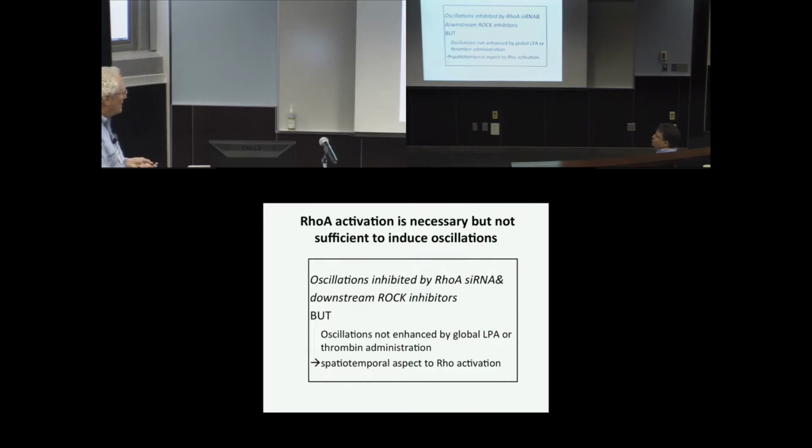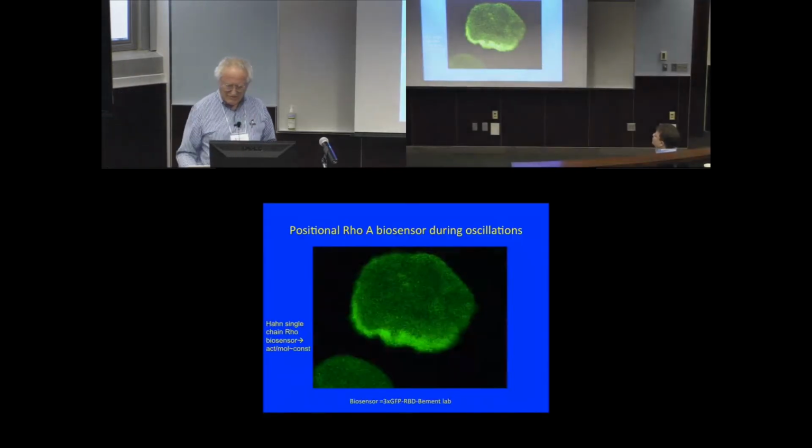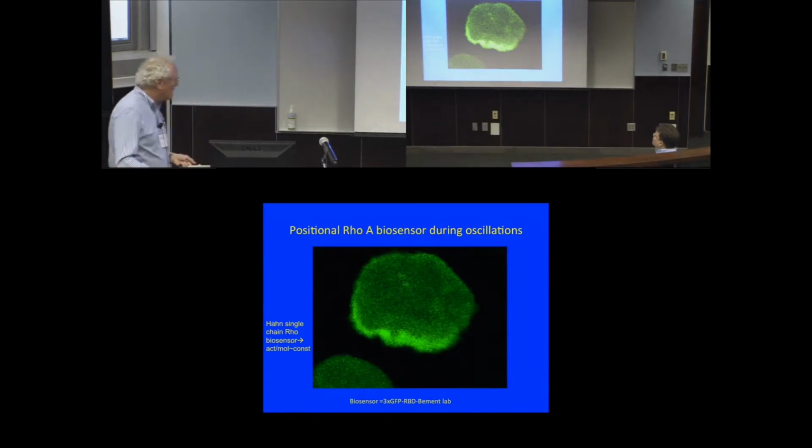And that means there must be a spatial temporal aspect to Rho activation. And indeed, if you use a positional biosensor, which is 3 times GFP hooked to a Rho binding domain, that will detect active Rho.